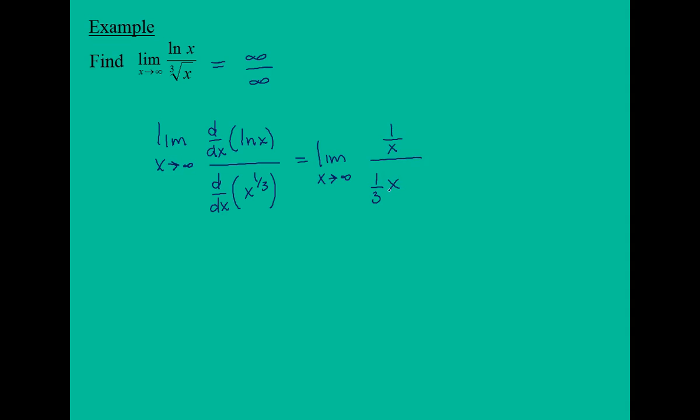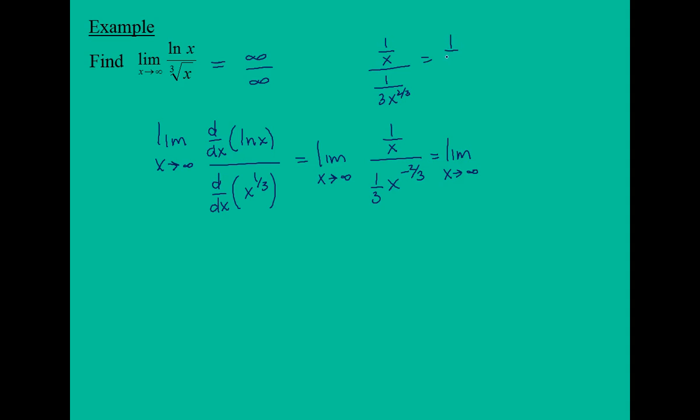Now we're going to subtract 1 from the power, so we'd be subtracting 3/3, so we'd have x to the negative 2/3. Now before we directly substitute to see our result, let's clean this up a little bit. If we have 1 over x divided by this, it could be written as 1 all over 3x to the 2/3.